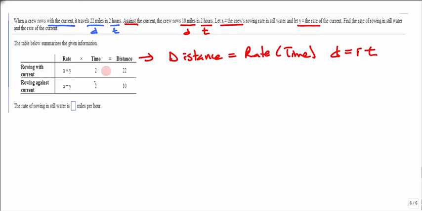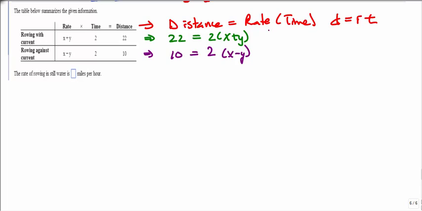So for our first equation, I would have 22 equals distance, rate is x plus y, and time is 2. So here's my distance equals rate times time. Now for my second equation, I would have my distance is 10, my rate is x minus y, but I'm still having a time of 2. So this is my system of equations.